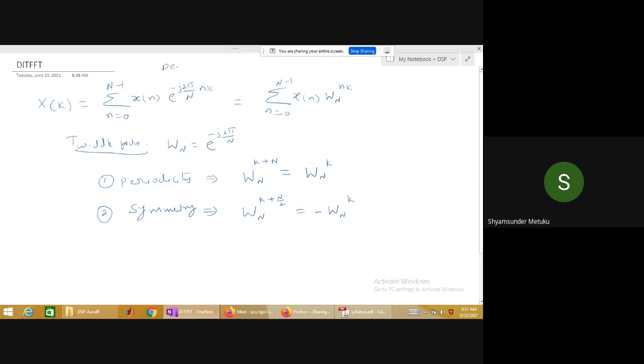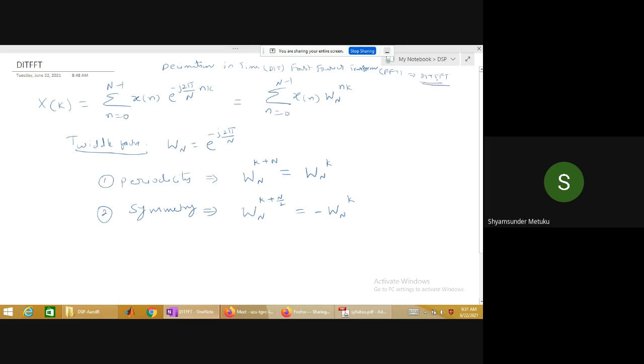Today's topic is DIT, which stands for decimation in time, and FFT is called fast Fourier transform. Together it is called DIT FFT.